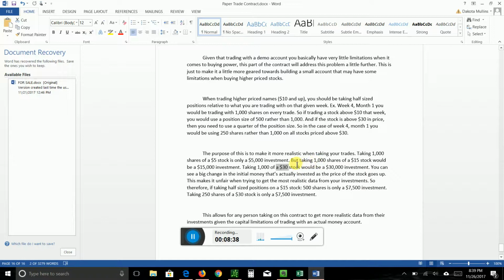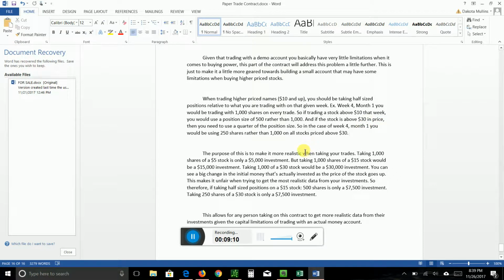If you're trading 1,000 shares for that week, which is week 4, month 1, you're trading 1,000 shares on every trade. So if you're trading a $5 stock, it's only a $5,000 investment. But if you're trading a $30 stock, then that's $30,000 that you're investing.